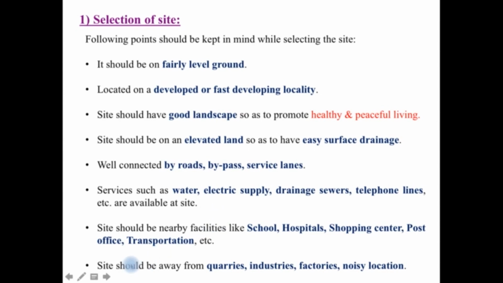It is better that the construction plot for our residential complex should be away from quarries, industries, factories or noisy locations. But as I said, the points I am mentioning here are not very strictly followed.